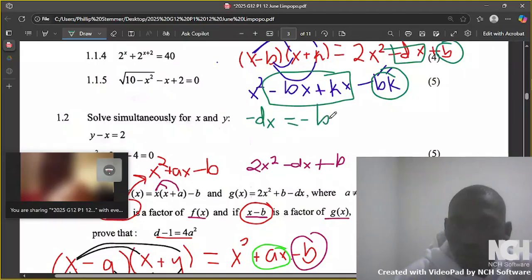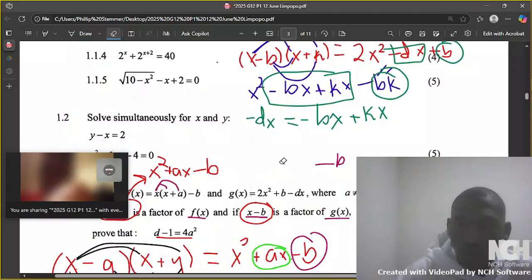Negative dx plus dx. I'm going to divide by x all over.